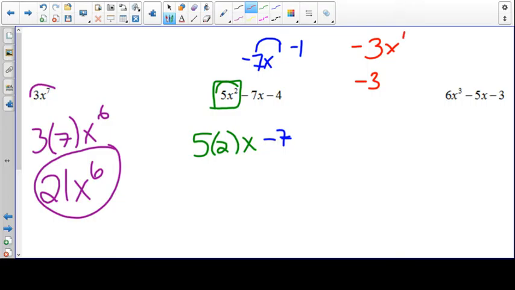Because again, you bring down that multiplication of 1. 1 minus 1 gives me 0. Anything to that 0 power is 1. If I go back to my example, this gives me a nice old 0. The derivative of a constant is 0. So I don't need to add 0 because we're all aware that anything plus 0 is just itself. So I keep simplifying. I get 10x minus 7.